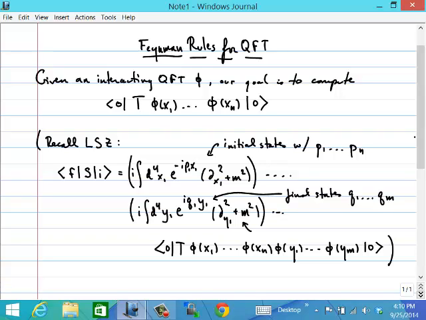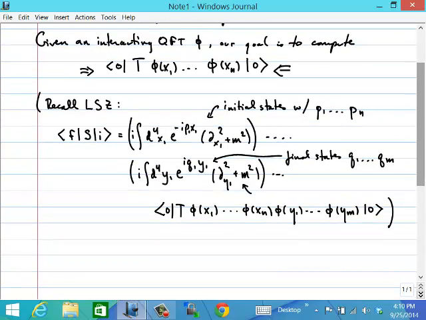So initially, however, I'm just going to go ahead and start developing some algorithm to compute these time-ordered expectation values, and then a little later on we'll discuss how that translates into an algorithm for the computation of these scattering amplitudes. Okay.